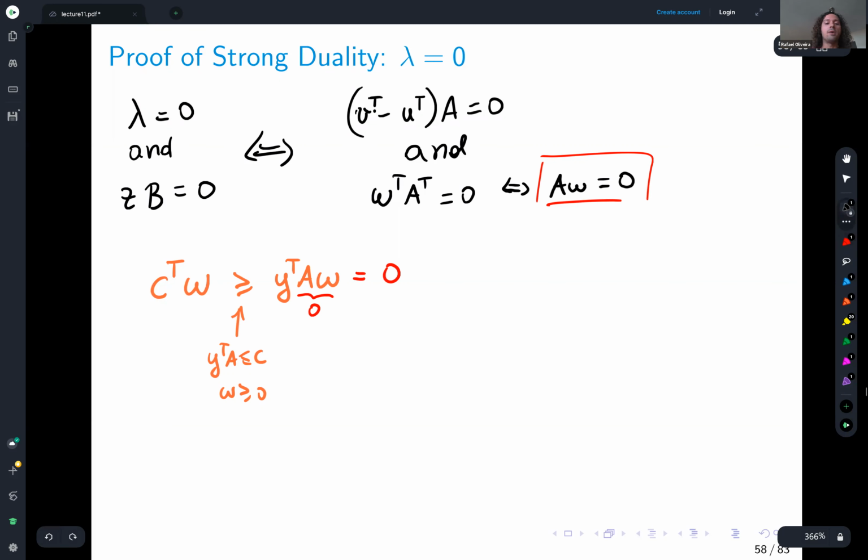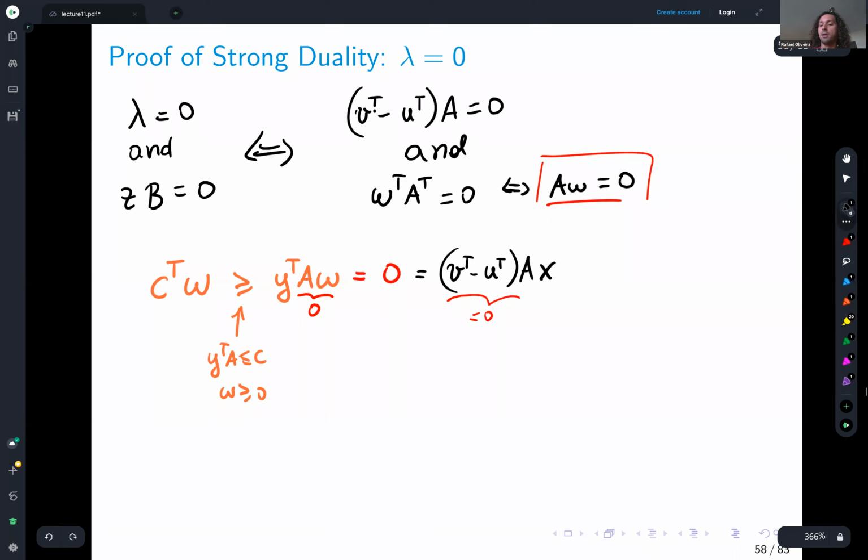But now, what else is equal to 0? V transpose minus U transpose A is also equal to 0. But this is a number, right? If I multiply by anything here, I also get 0, because this is a 0 vector. So V transpose minus U transpose AX is also equal to 0 because this part is equal to 0.